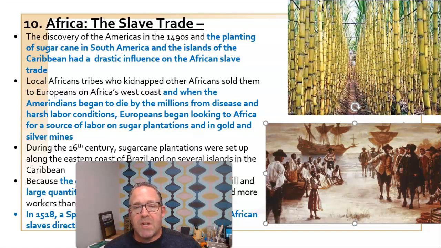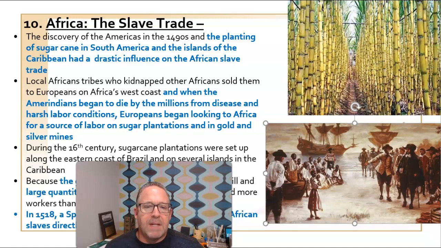So that created a challenge for the Spanish when it came to finding a source of labor. And it didn't take long before they turned to Africa. The reason why was because the Portuguese had experimented in the Azores, which is an island chain west of Portugal and the northwestern coast of Africa. They experimented with sugar plantations and using African slaves to make a go of them.